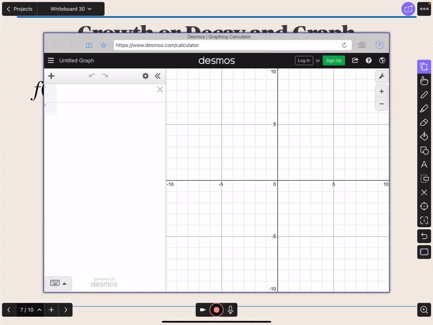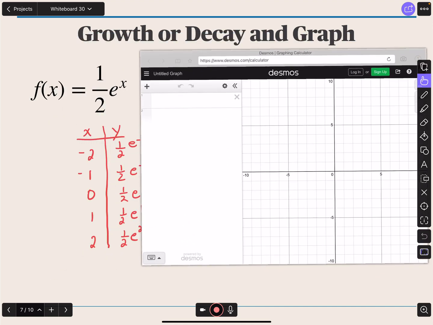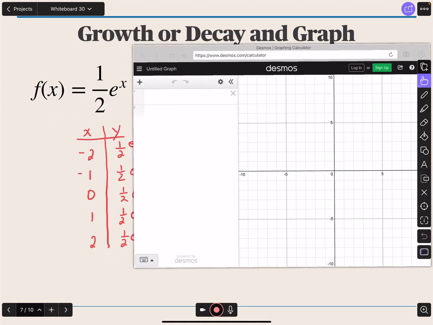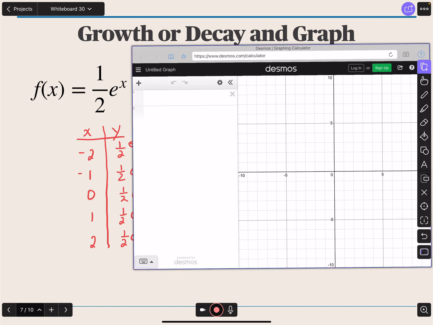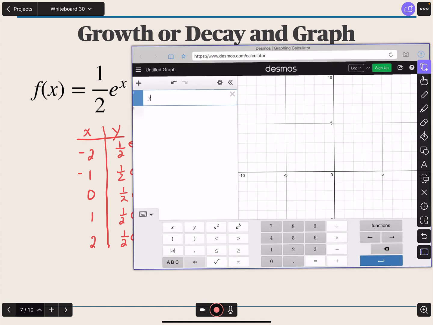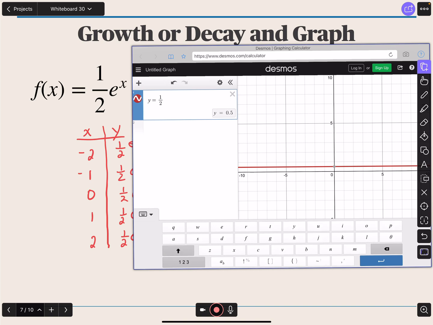So let's graph this guy in Desmos here to make sure you guys know how to do it. So y equals 1 divided by 2 is how we enter that. Then you have to arrow to the right so you're not in the fraction area anymore. You're not in that denominator. To pull up the e, just go to the alphabet, and there's e.